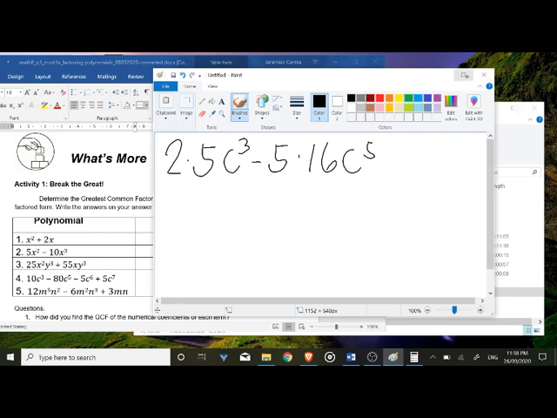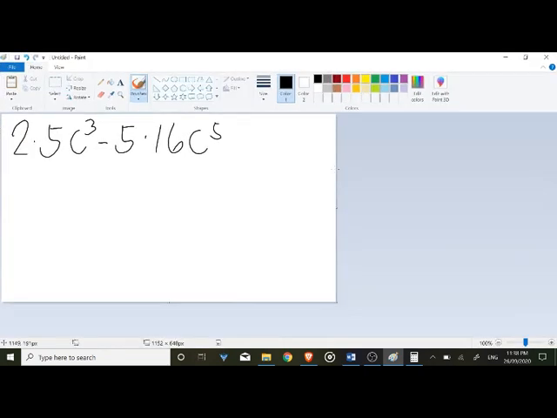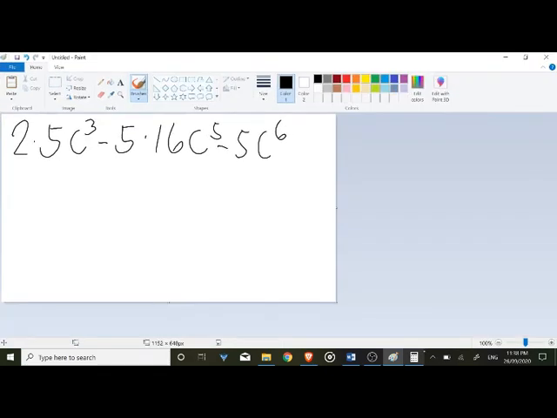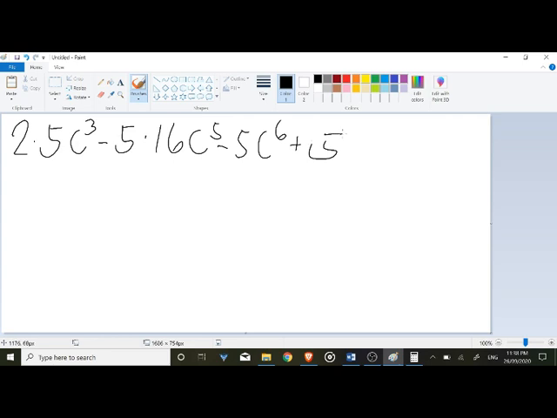Then minus 5c6, plus 5c7. So, never mind my writing. So, ano ang common sa ating numerical coefficient?